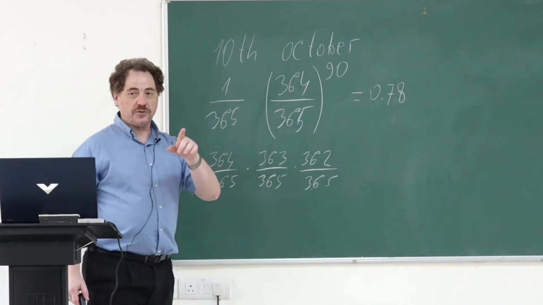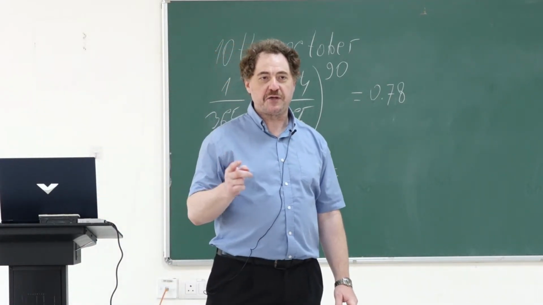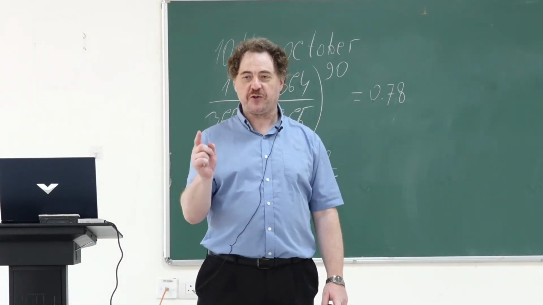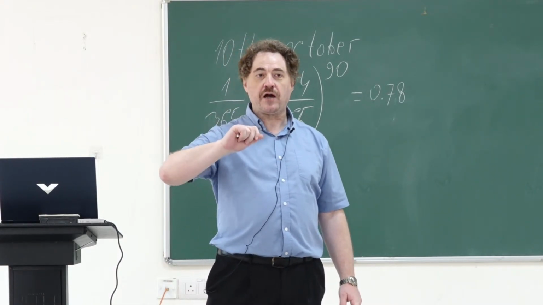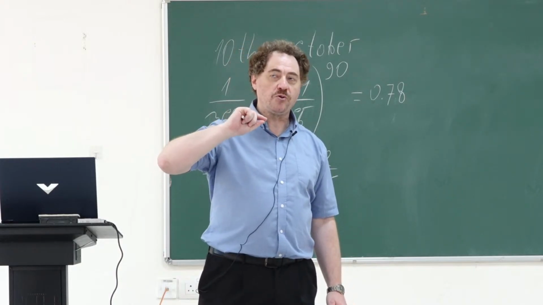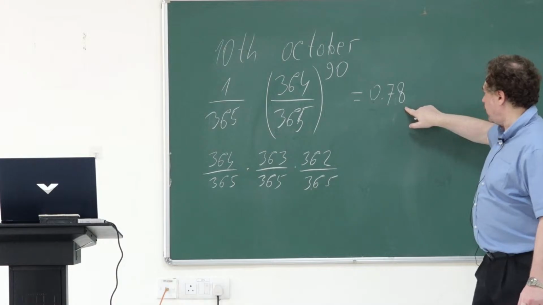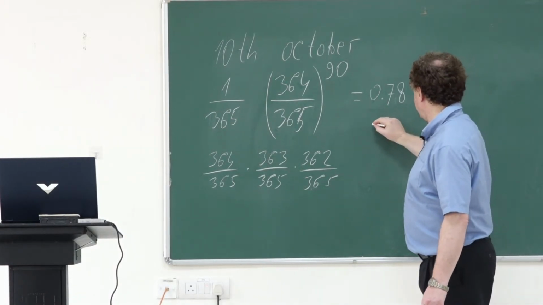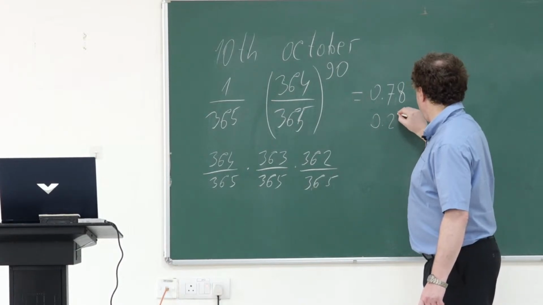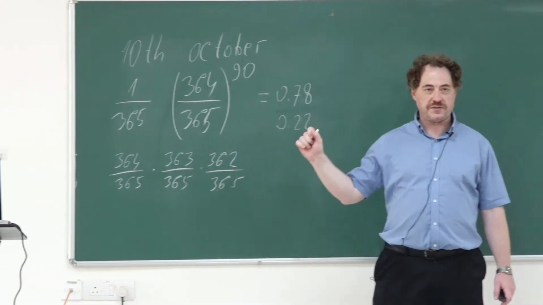As a result, for 90 people, the probability of two of you having a birthday on the same day would actually be, I believe, around 90%. So here, the probability to be successful was around 0.22, and 0.78 was the probability of the attack not being successful.